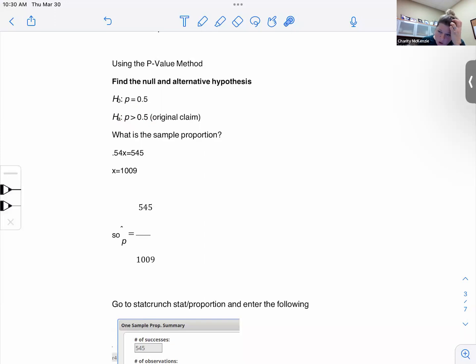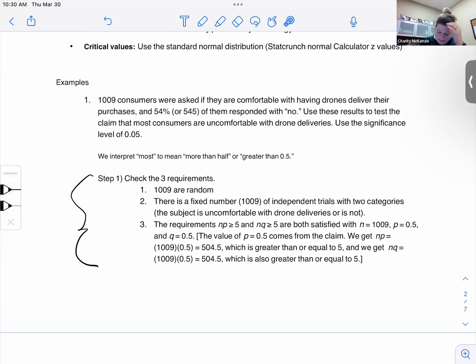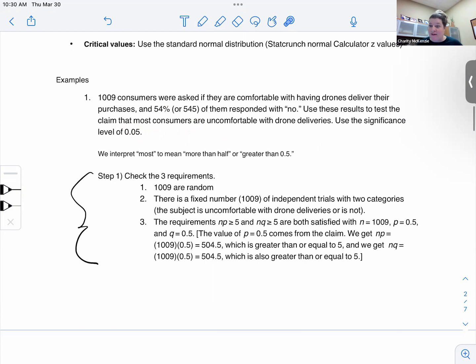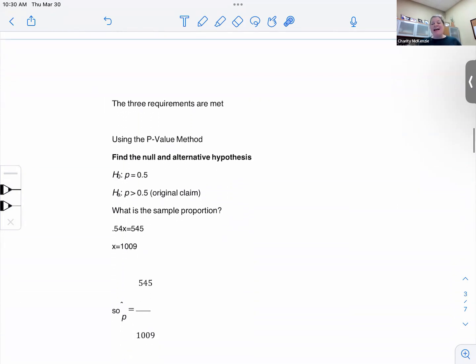And I always label which one was my original claim. If I go back up and read it, it says to test the claim that most consumers are comfortable with the drone. So that leads me to greater than 0.5, that most people are comfortable. And that is the claim.